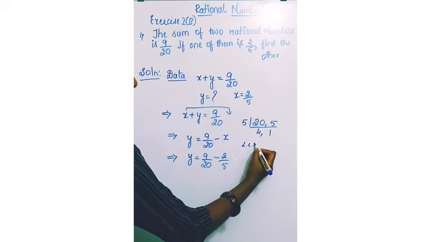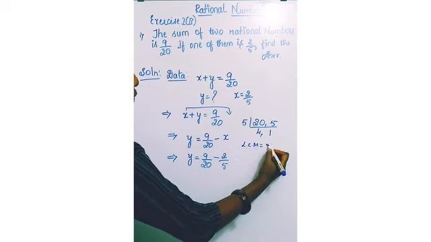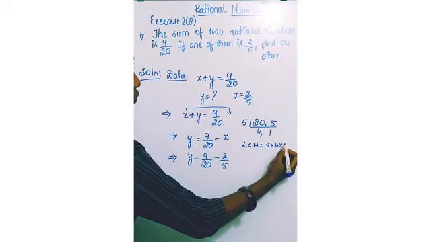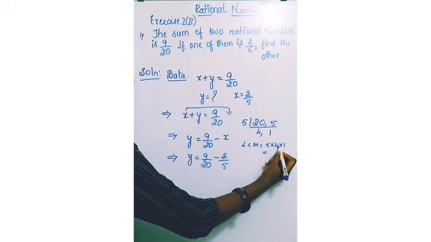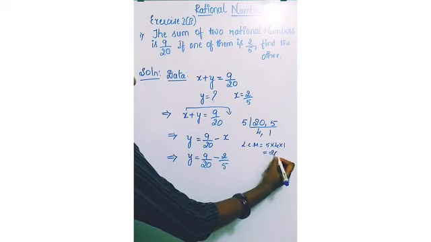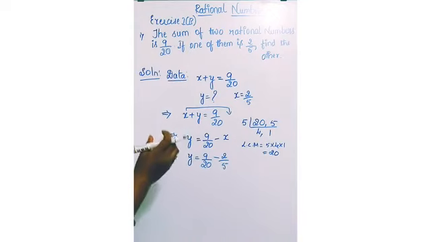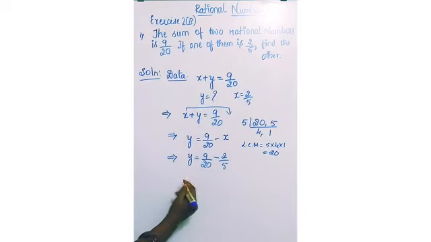The LCM is 5 into 4 into 1, which equals 20.